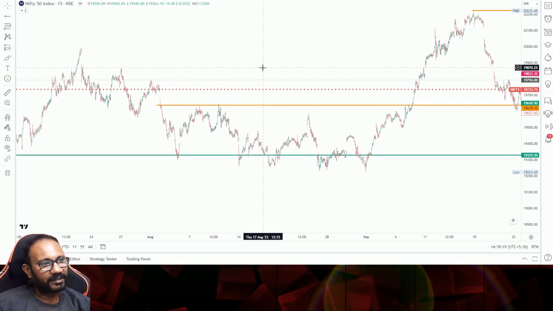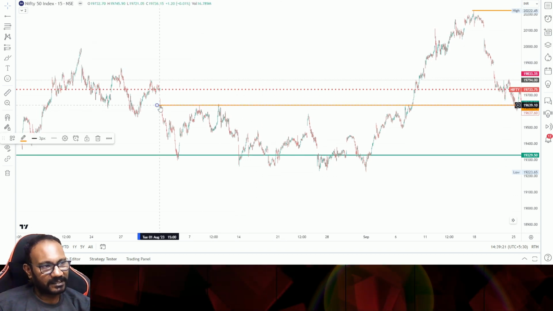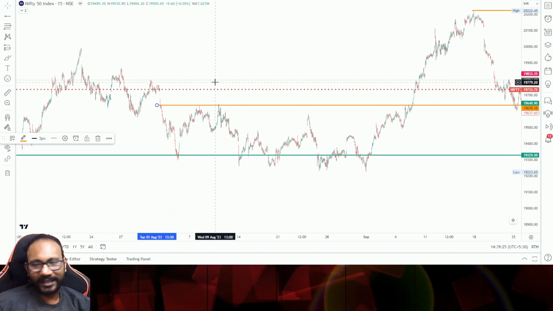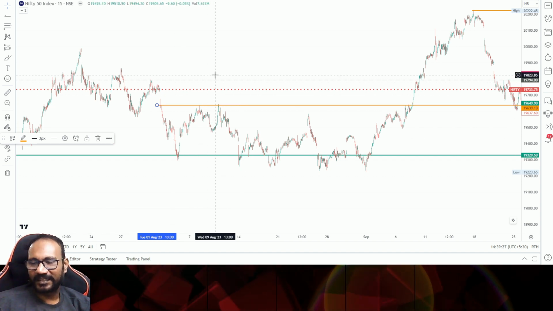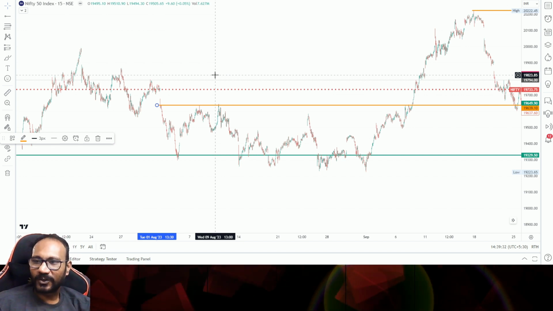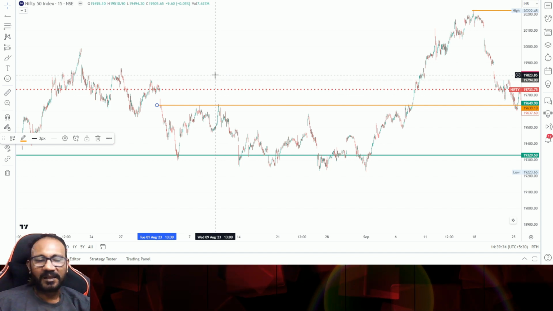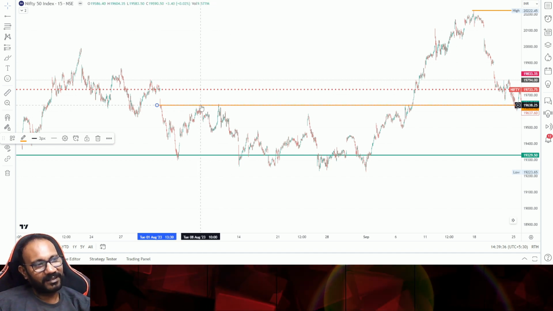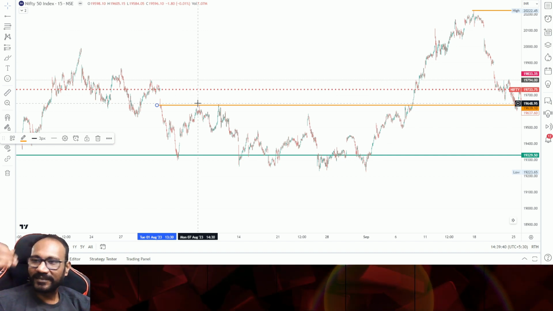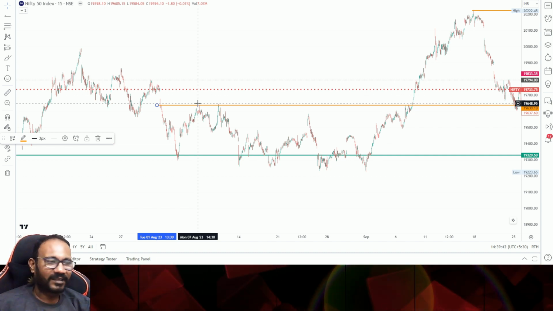So if you're looking at some sort of resistance level like this, the market will make multiple efforts to break it, and that is called retesting. It is testing one more time if it can break and then change the course of the trend. But if that is not happening, then it gets rejected and the reversal happens.